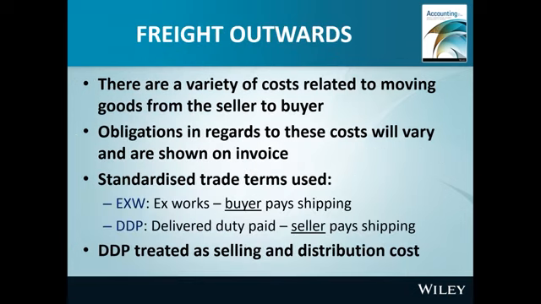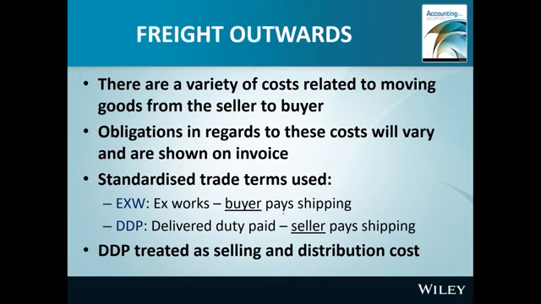The freight outwards. There are a variety of costs related to moving goods from seller to buyer. The obligation in regard to these costs will vary and is shown on the invoice. So we have two terms for freight outward. The first one is Ex Works. Ex Works means the buyer has to pay for the shipping. We are not incurring any cost for sending the goods to the buyer.